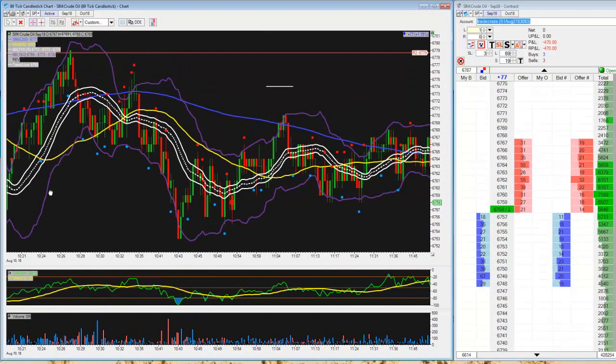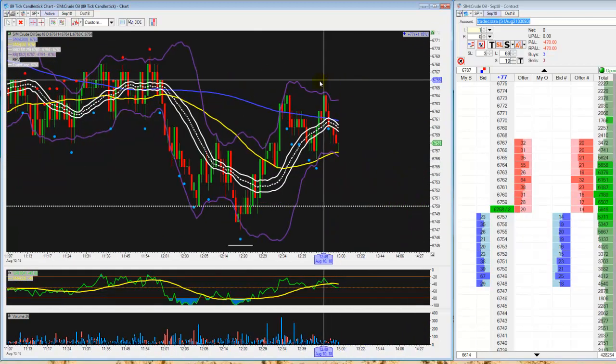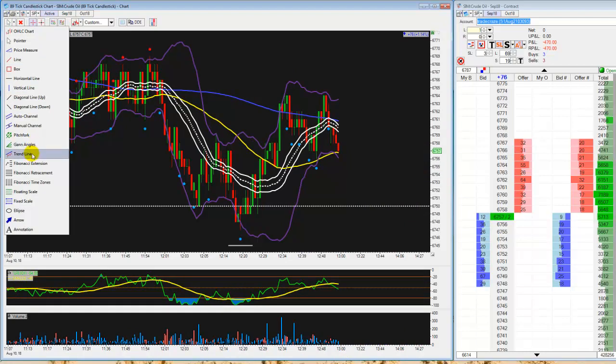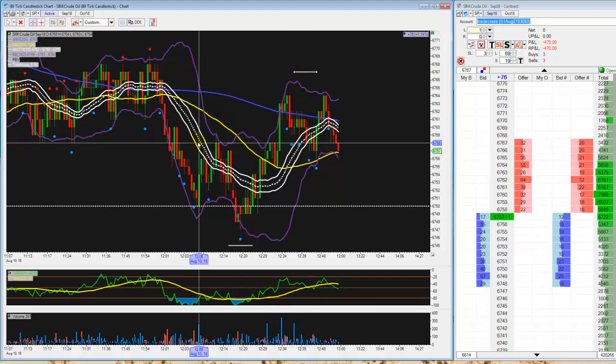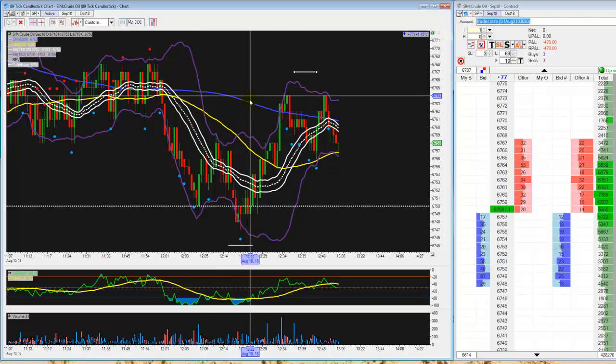So looks like 67. We'd be at break even. As close as we are right now, this would be break even. So, alright, this trade obviously isn't over yet, but we'll see.